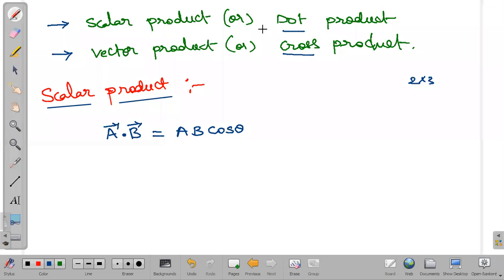Now, how to find magnitude I will come back to, and the cos angle will be given in the problem when we go with a problem.